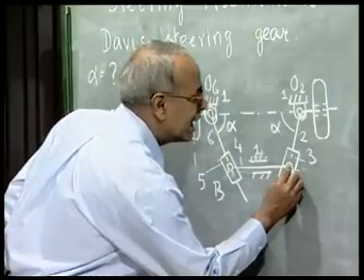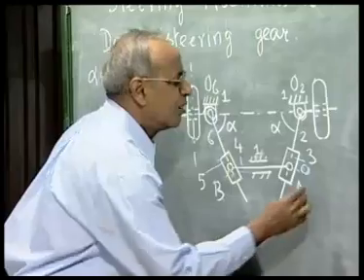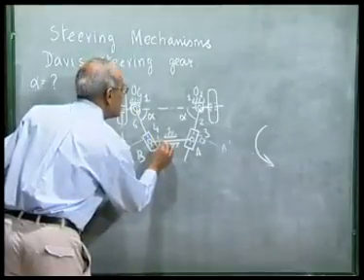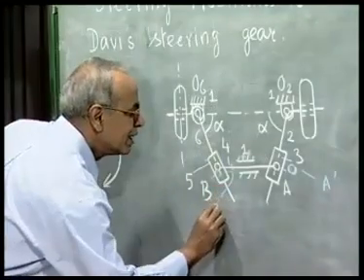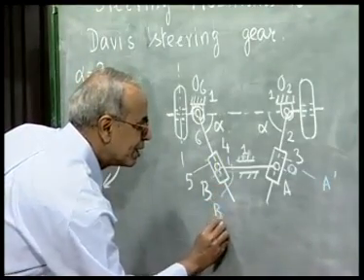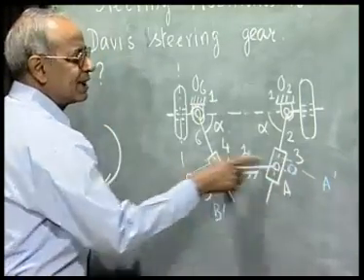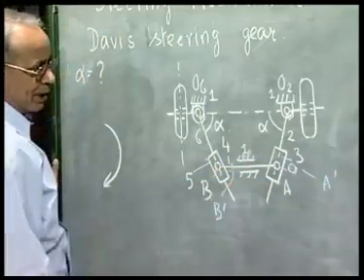That means suppose the A comes to this point, we call A prime, and B comes by exactly the same distance here, let me call this point B prime. This rod AB moves horizontally parallel to O2O6 from AB to A prime B prime.